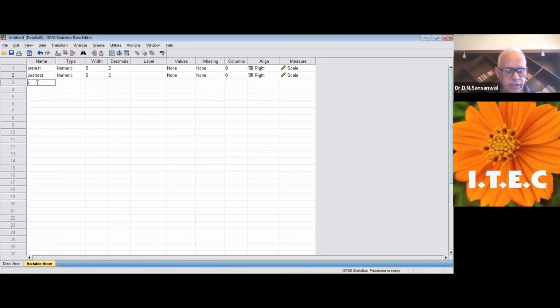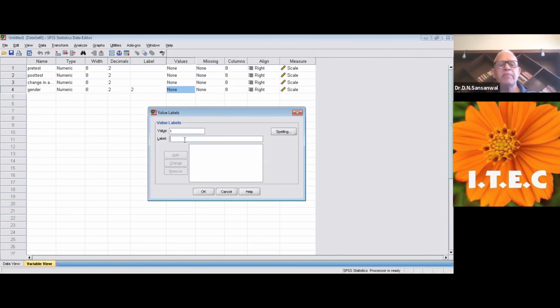So it was change in achievement. And then next is my gender. Now gender is a discontinuous variable, so there will be two levels. So I say 2, and then 1 means males and 2 means females.